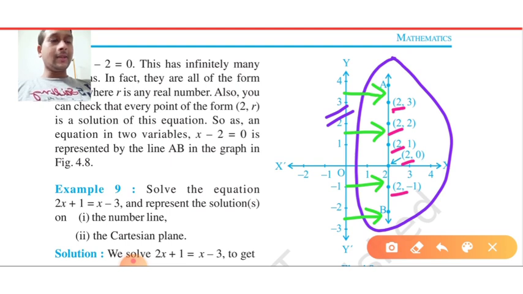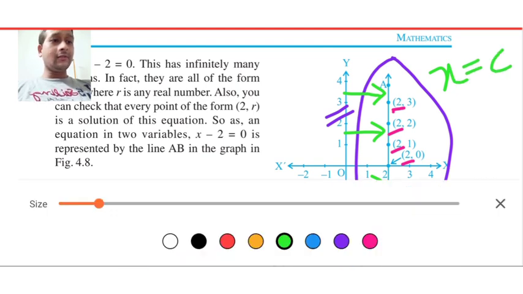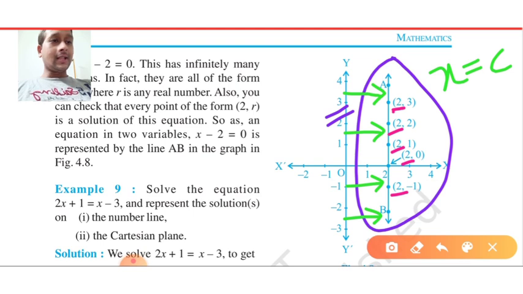So we have learned the line parallel to the y-axis is always x equal to c. Here the line parallel is of the form x equal to 2. That means it is taking x fixed as 2, at a distance of 2 units from the y-axis.